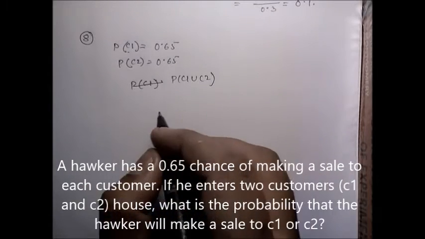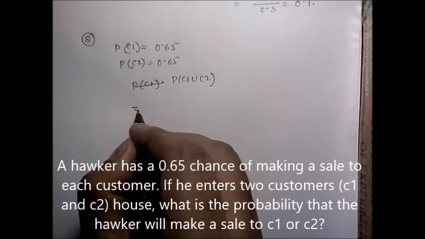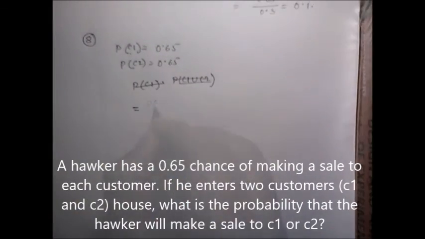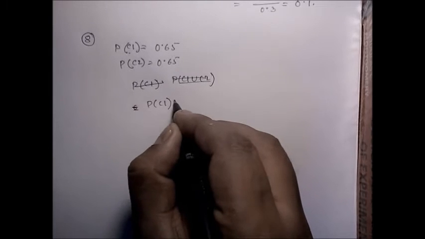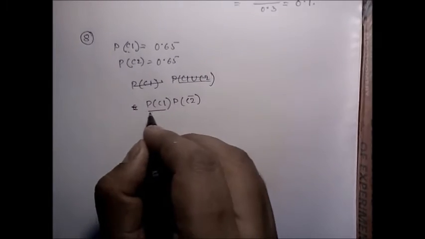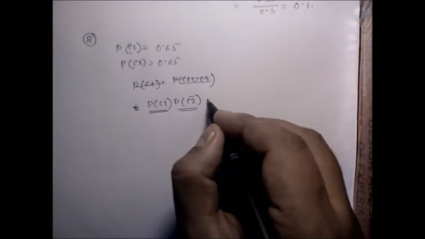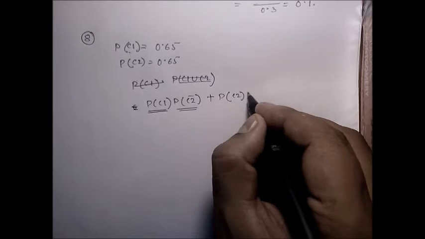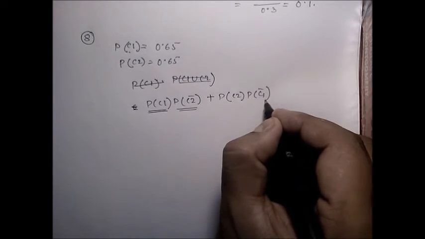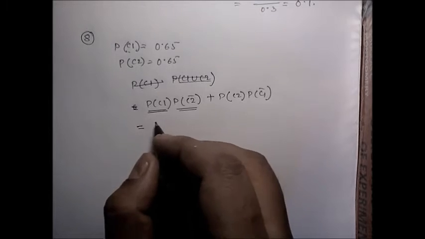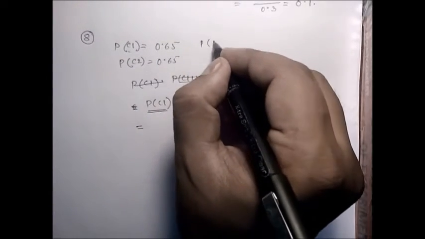So here, probability of C1 and probability of C2. Here he succeeds, here he will not, and probability of C2 and probability of C1. Clear? So probability of C1 is 0.65.